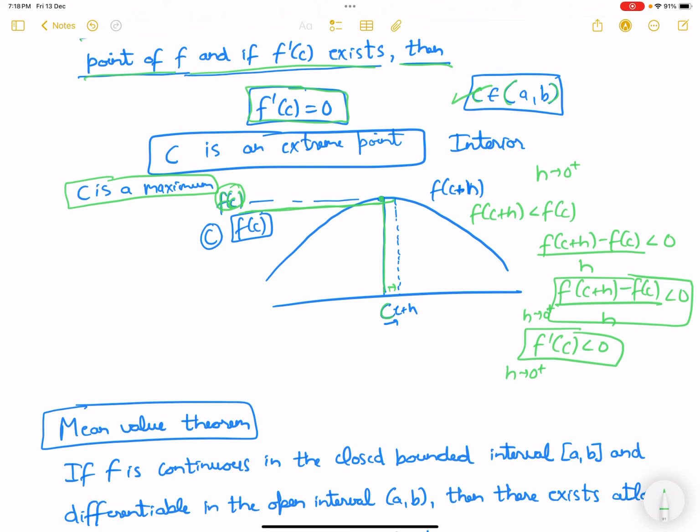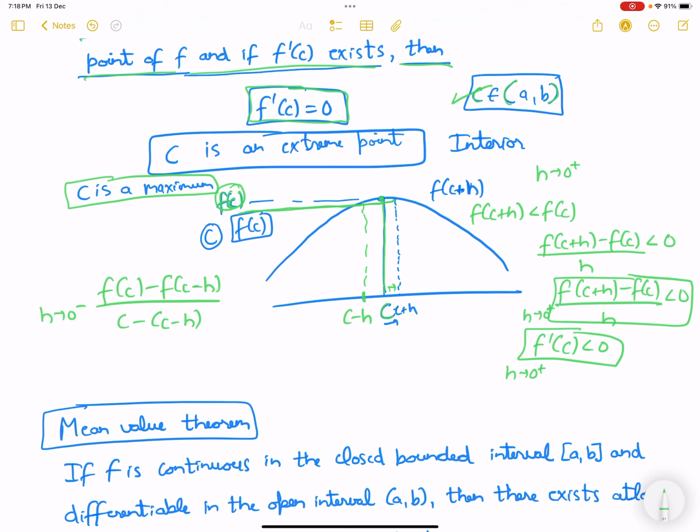Okay, now similarly from the left hand side, c minus h, we can see f of c minus f of c minus h upon c minus h, as h approaches 0 from the negative side.